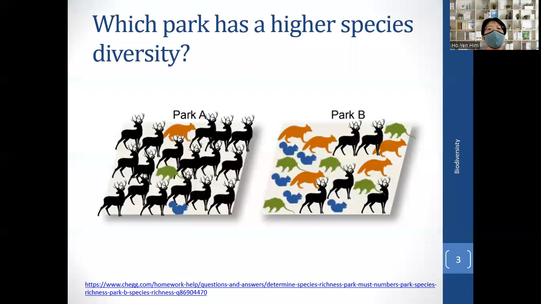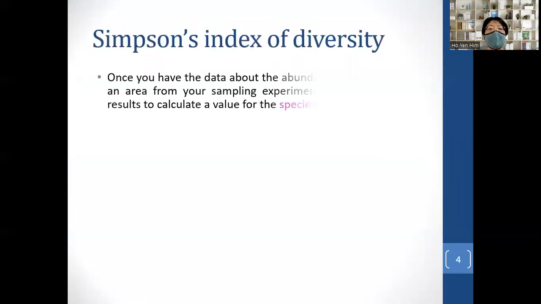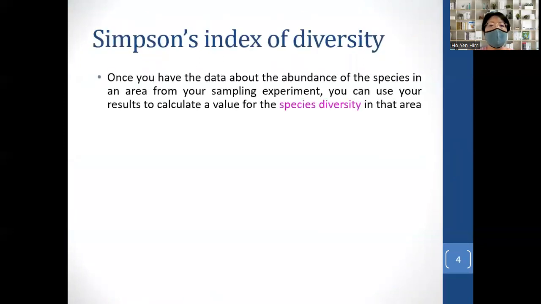So if you look at this diagram, which part has higher species diversity? By now you know already, right? Part B, right? Because there are 2 criteria for species diversity. So for Simpson's Index of Diversity, once you have the data about the abundance of species, that means you go to these two parts, part A and part B, and then you collect data, take samples of the species in these 2 areas: how many species they have, and for each species, how many individuals they have, right?